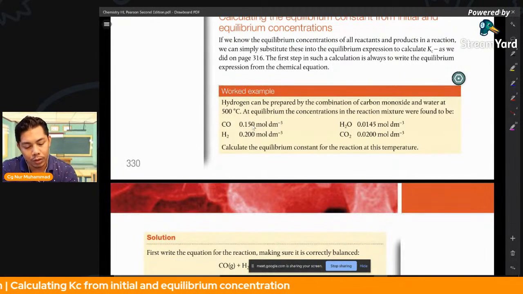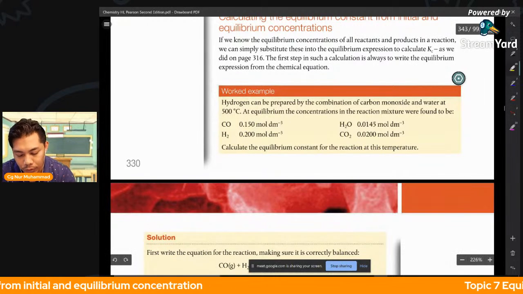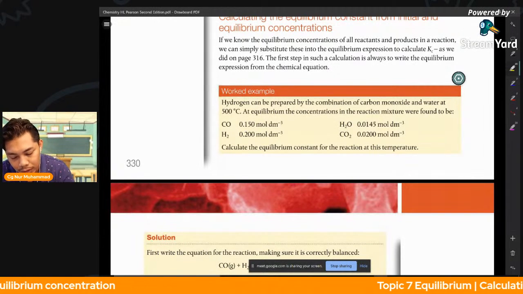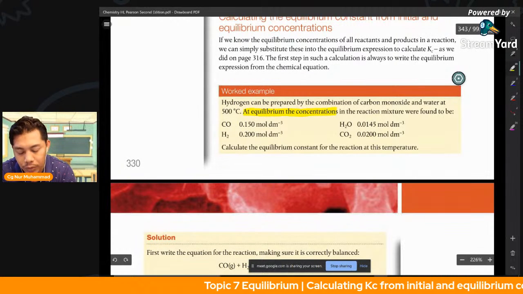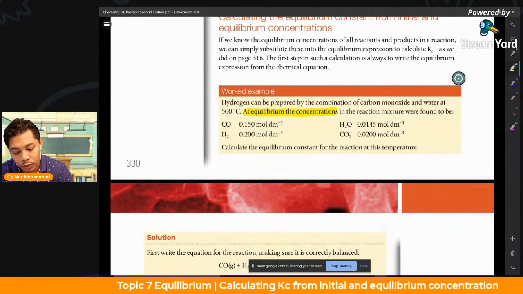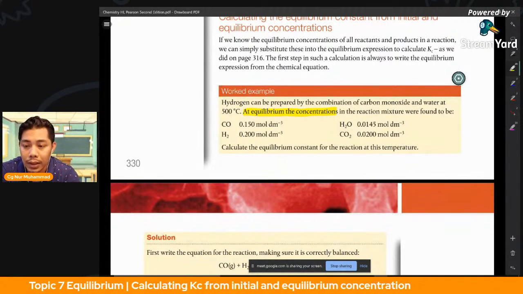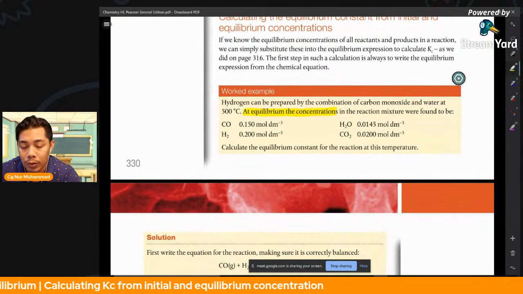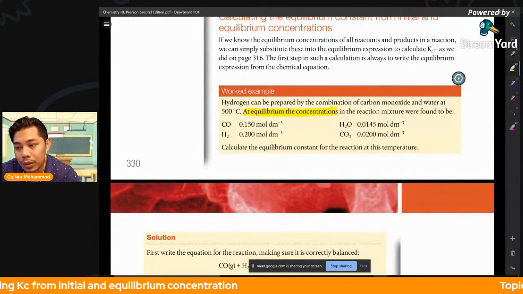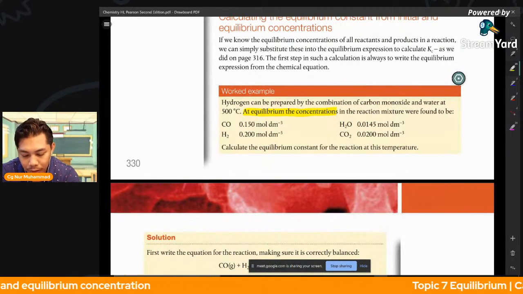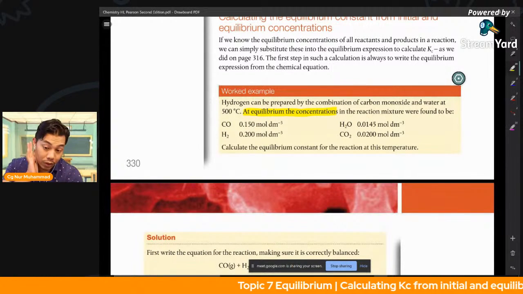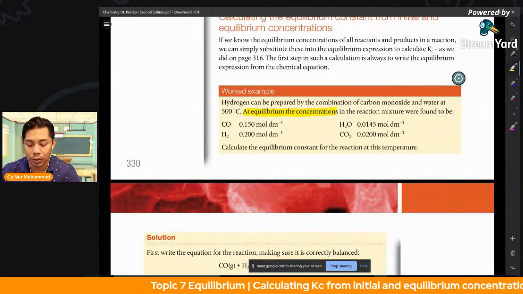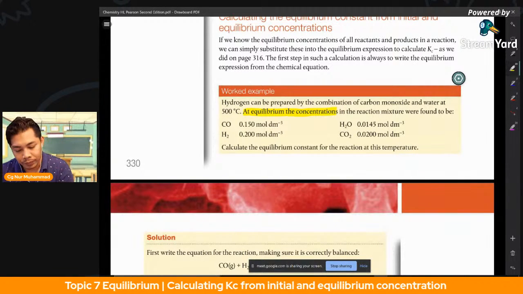Okay, so if you refer to this type of question, kalau kita baca dia dah bagi tahu dah, this is equilibrium concentration. So meaning that you can calculate directly the value of Kc, ataupun equilibrium constant. If the question gives initial concentration, you cannot use the formula of Kc.